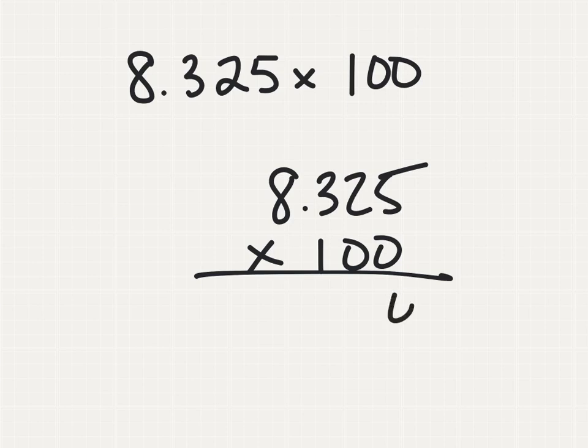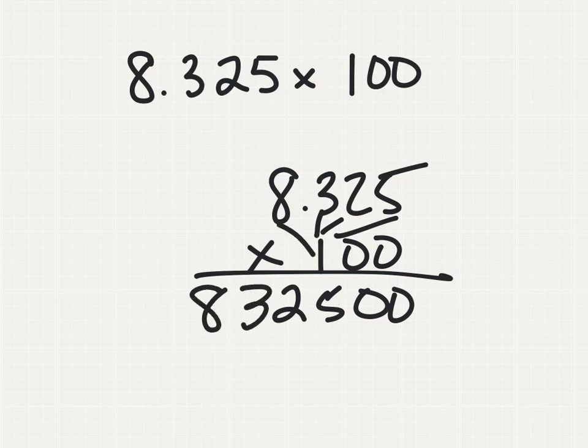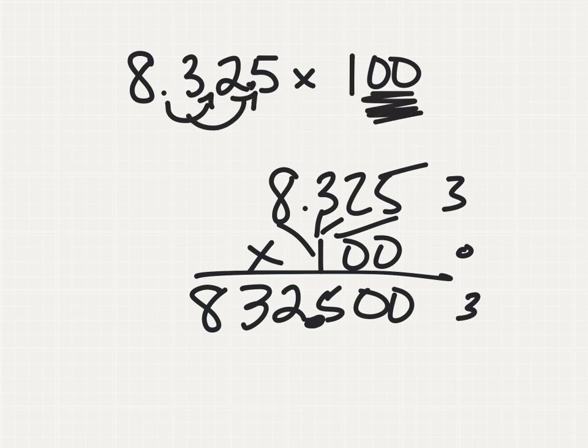For me to do all of this work to get to a solution seems totally unnecessary if I understand that all I really needed to do was move my decimal 2 times for the zeros in my second factor to get to a solution of 832.5.